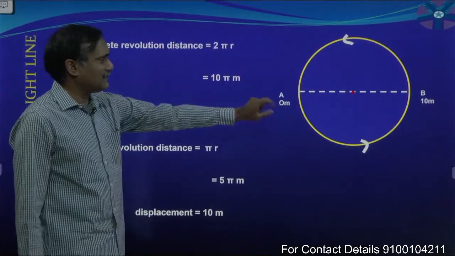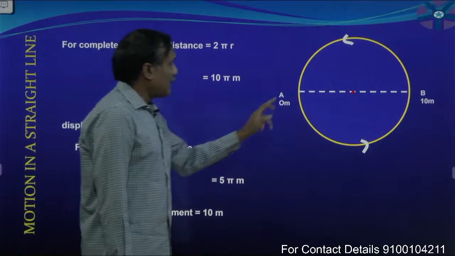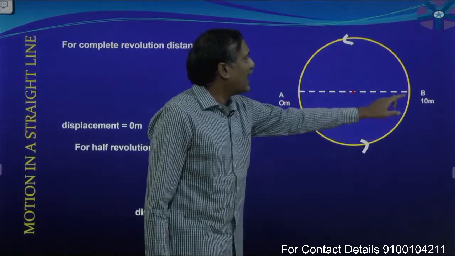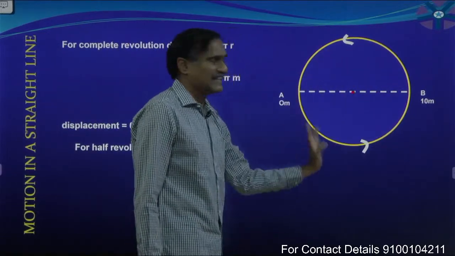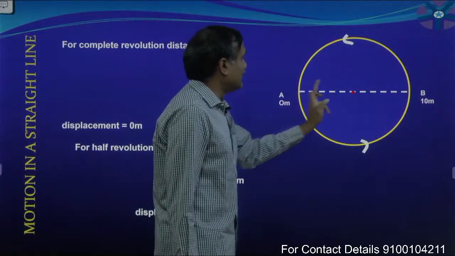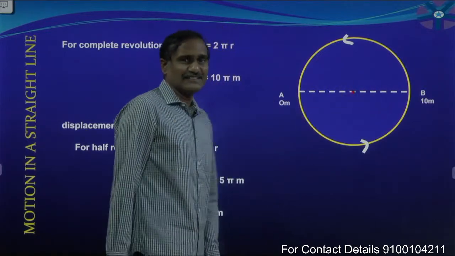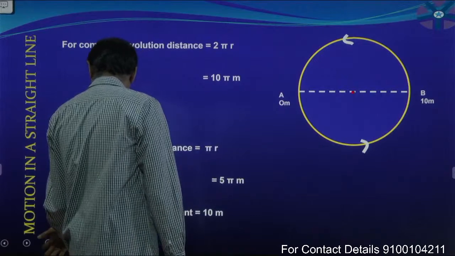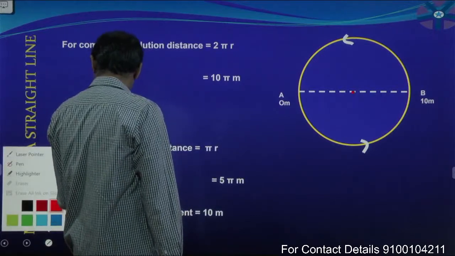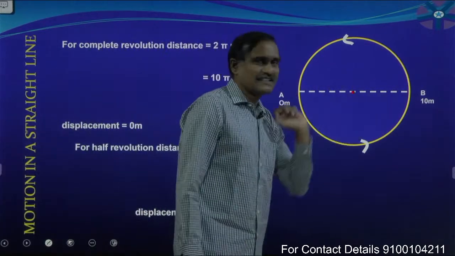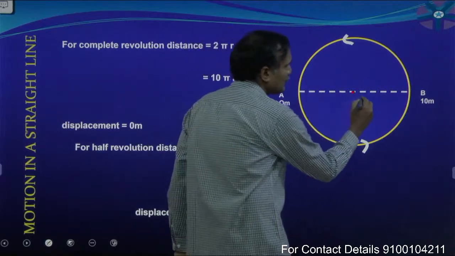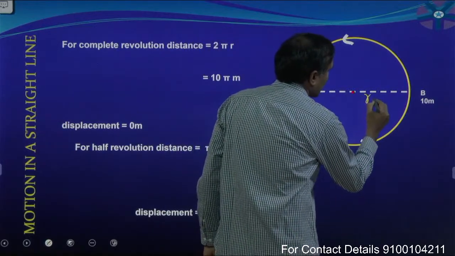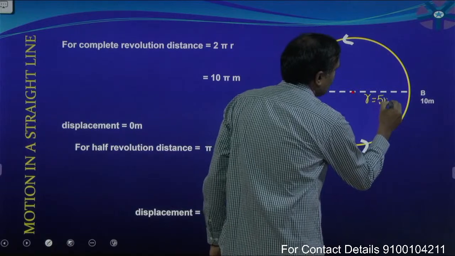Now here you observe this, a particle moving along the circumference of a circle. Its diameter is equal to 10 meters, therefore its radius r is equal to 5 meters.